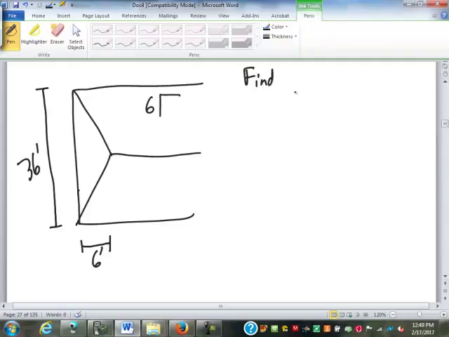Is this conventional? No, because if it was conventional, what would this setback have to be? 18. It would have to be half the span. Great. Since it is not half the span, it cannot be conventional.